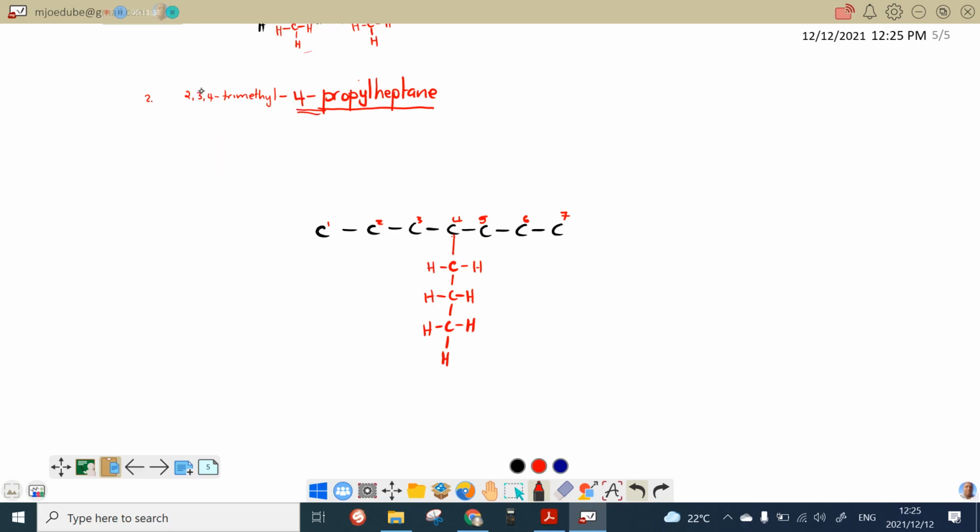And then on carbon number 2, carbon number 3 and carbon number 4 respectively, you have the methyl groups present. So you've got the methyl group on carbon number 2, and the methyl group has a single carbon. And then on carbon number 3 you've got another methyl group. And then on carbon number 4 you also have another methyl group.